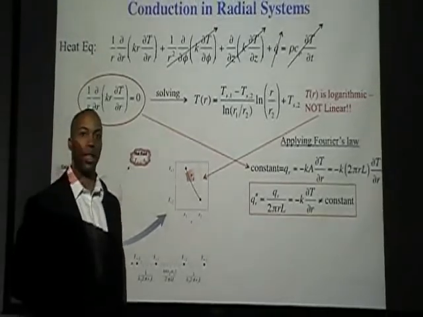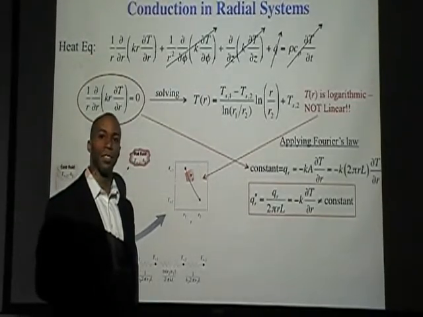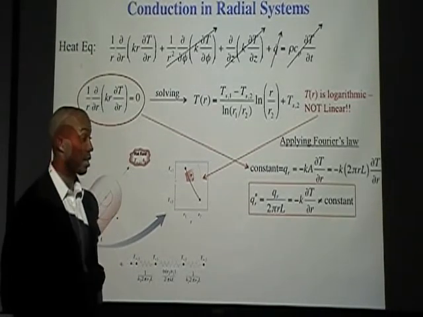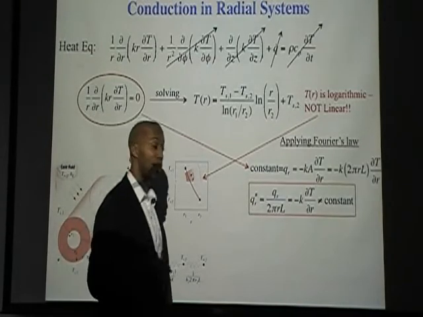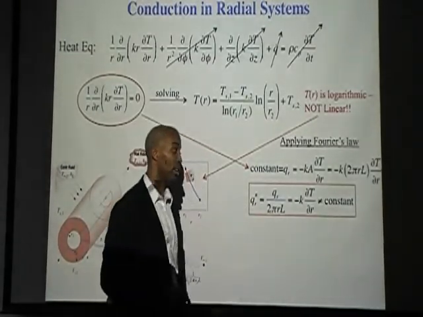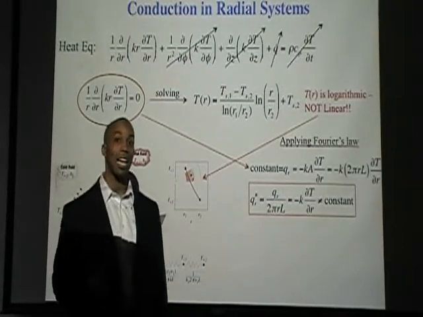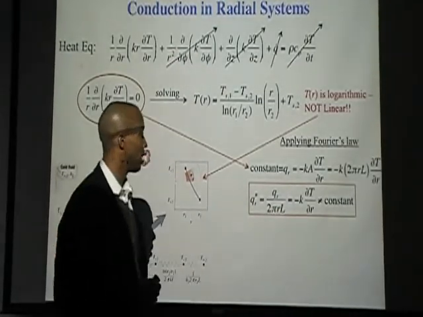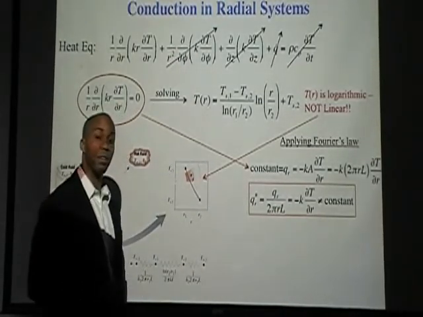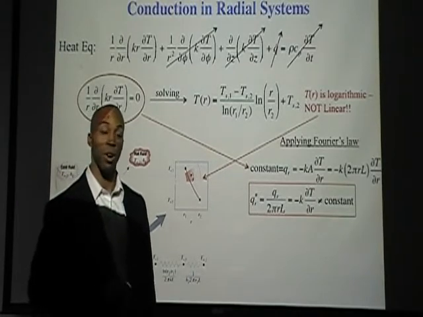But that doesn't mean the heat flux is constant. So the heat flux, being the heat rate divided by the area, in fact is not constant in this case. It's a function of radial position. It's a function of r.